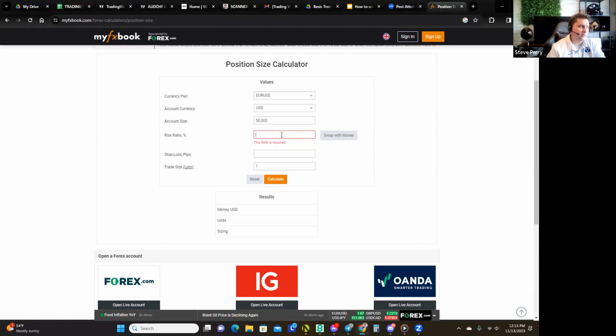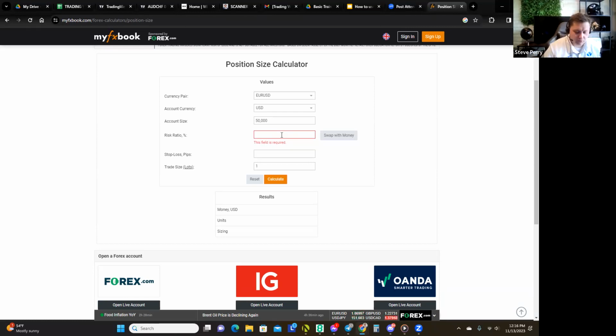It's a quarter of a single percent. So if 1% of $50,000 is 500 bucks, then a quarter of that is going to be what, 125? Yeah, so $125 is what I'm risking. I already know that just because I did the math in my head, but this will do it for you, which is kind of nice.